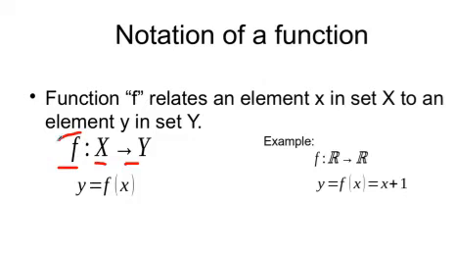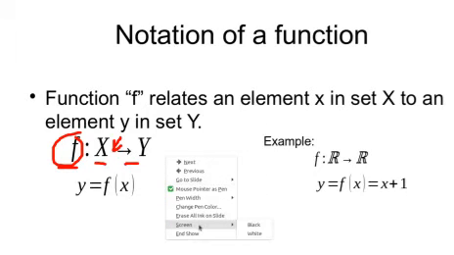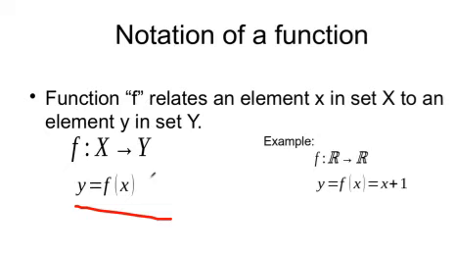So function here is actually a rule, right? It decides how any object in set X is mapped to objects in set Y. So a function is a rule, it governs how it is mapped. It's like a boss. And y is f of x, right?